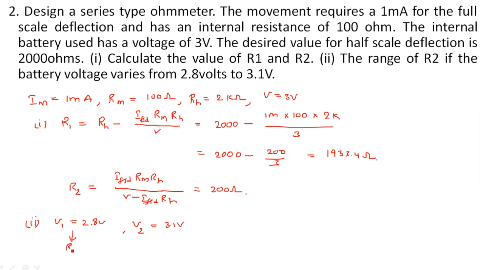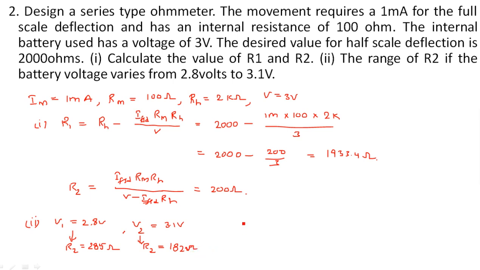We have to calculate R2 for V1 and R2 for V2. If you calculate R2 for V1, you will get approximately 285 ohms. And similarly R2, by taking the voltage as 3.1, you will get 182 ohms.